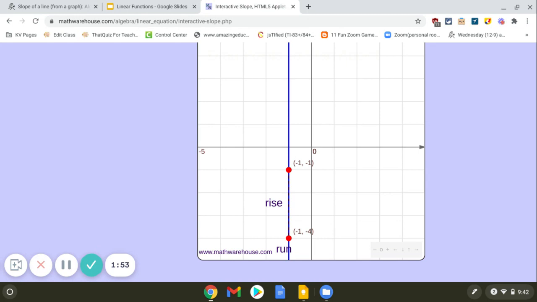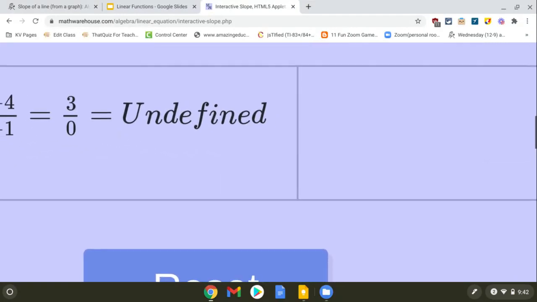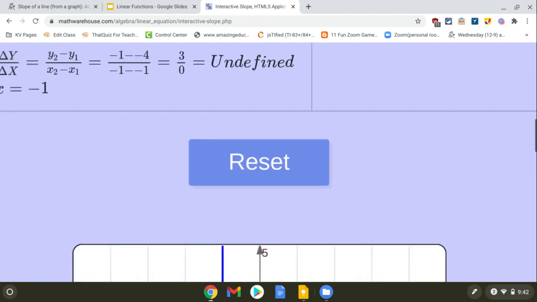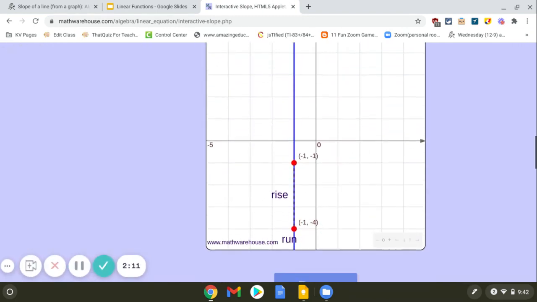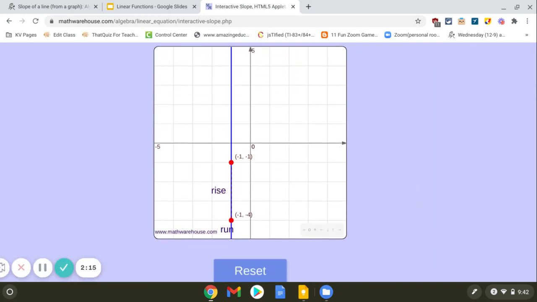So 3 is the top number and 0 is the bottom number. And 3 over 0 is undefined, because you can't do 3 divided by 0. So they say it is undefined. The slope of a vertical line is undefined. Always, every time. All right, so that takes care of that.